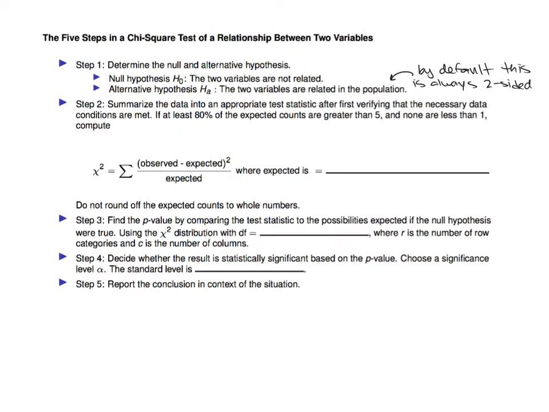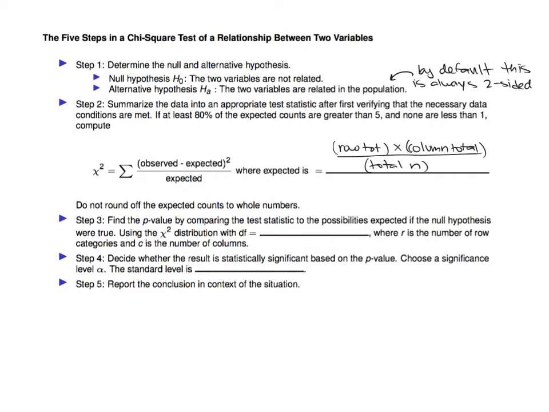Step 2: summarize the data into an appropriate test statistic after first verifying the necessary conditions are met. If at least 80% of the expected counts are greater than 5 and none are less than 1, then compute chi-squared by doing observed minus expected, squared, over expected, where you compute the expected values using the row total times the column total divided by what I called the total, or total n, in the entire table.